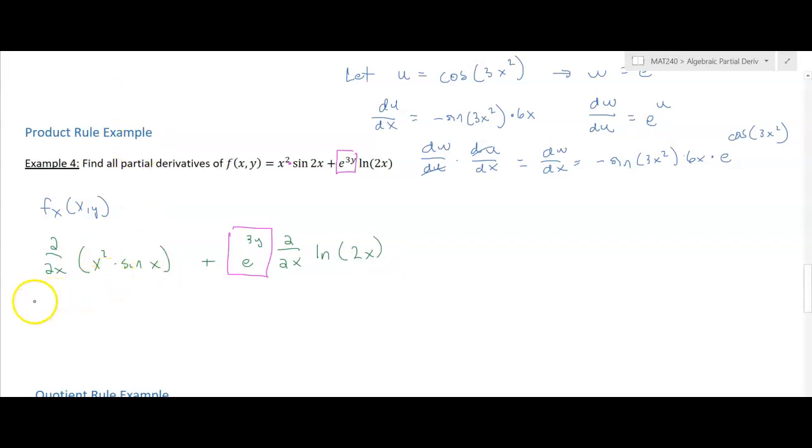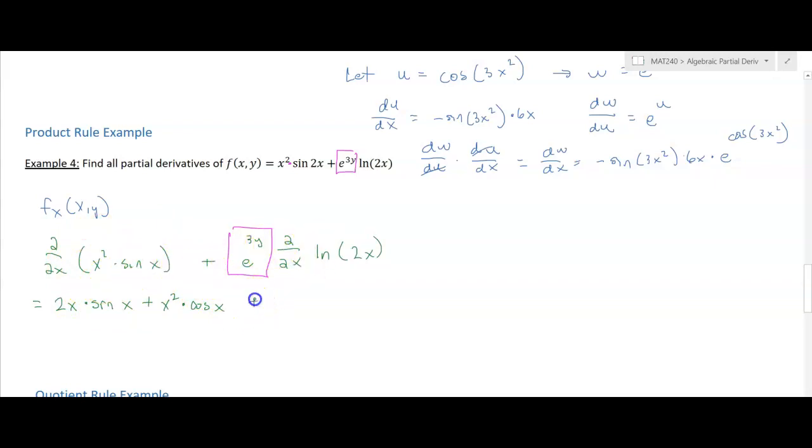The product rule is the derivative of the first function multiplied by the second function, no derivative taken, added to the original first function multiplied by the derivative of the second function. So there's our application of the product rule that we had to apply to just this first term.